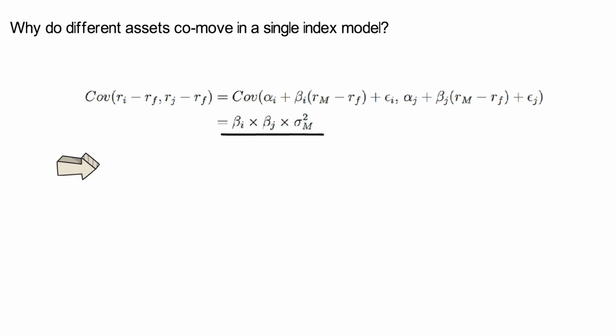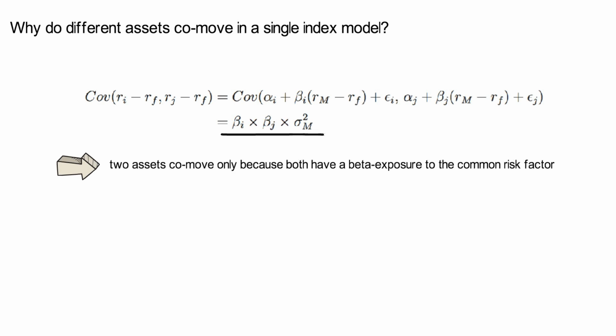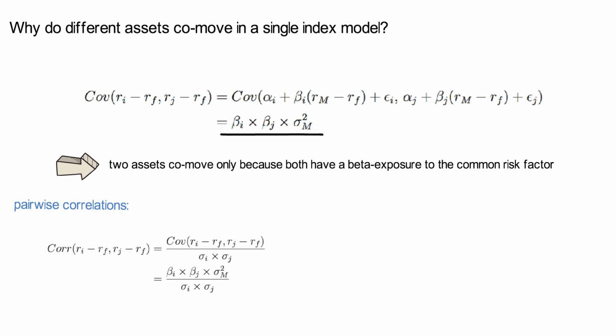That says that two assets co-move in a single index model because both have a beta exposure to the common risk factor Rm. Now we can also look directly at the pairwise correlations that a single index model induces. Let's work out what the correlation looks like between the excess return of asset I and the excess return of asset J. The correlation is defined as the covariance divided by both standard deviations.